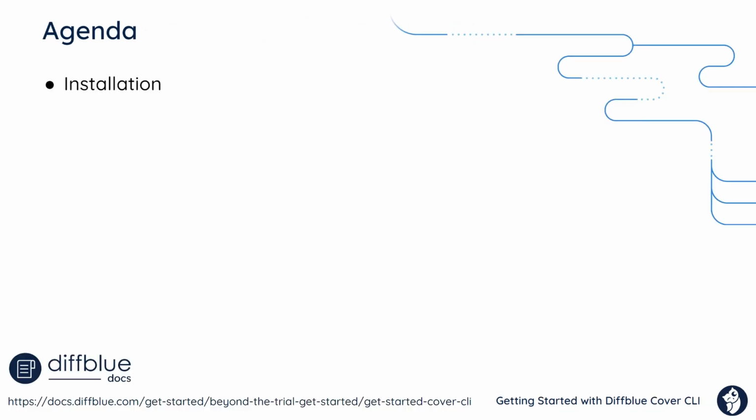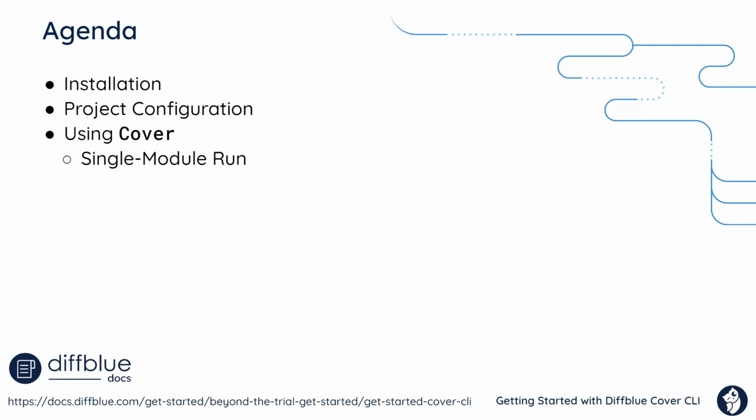We'll start by reviewing the installation process, and as you will see, this is quite easy. We then outline the project setup, that is, we show how to make sure that it contains relevant dependencies. After this, we'll be ready to see Diffblue Cover in action on a sample project, and we'll start with a single module example. We'll then learn how to run Diffblue Cover on projects with more Java modules, and briefly outline the logging capabilities of Diffblue Cover CLI.